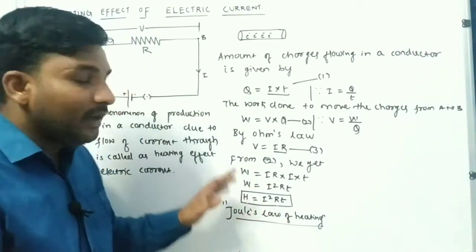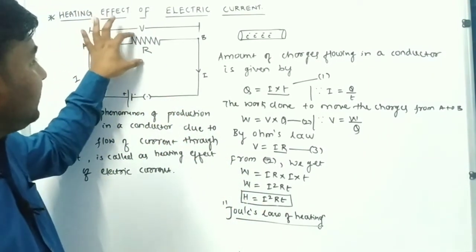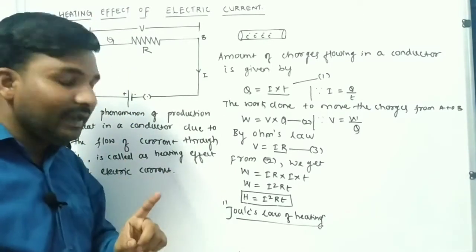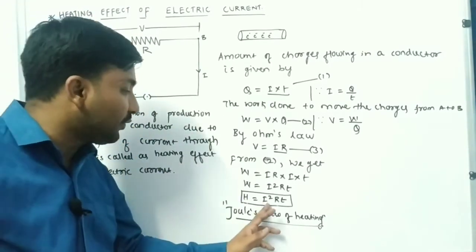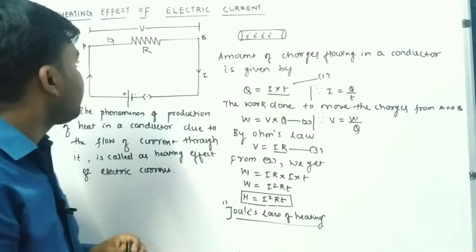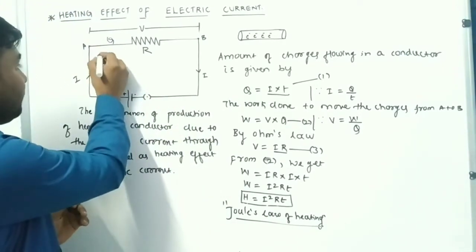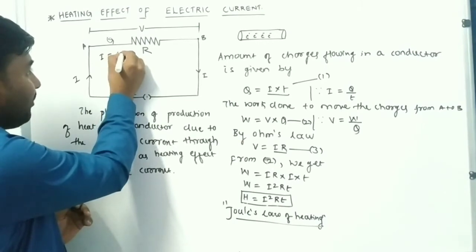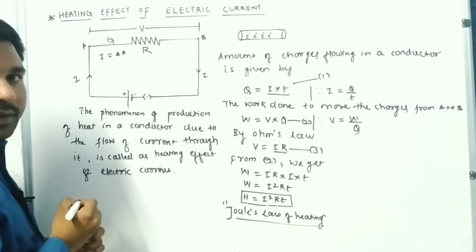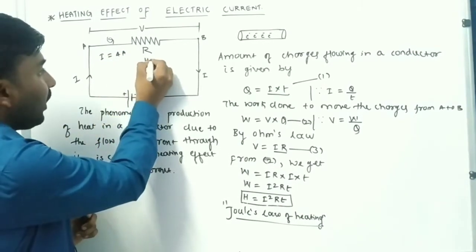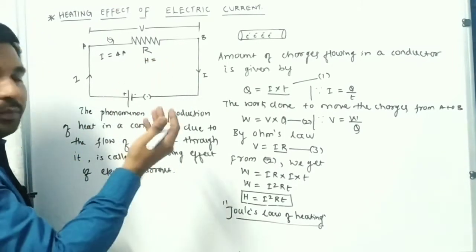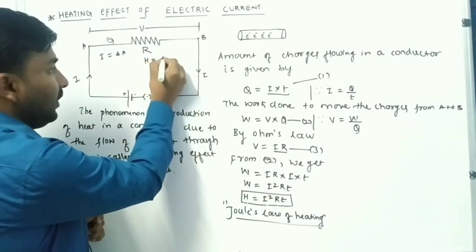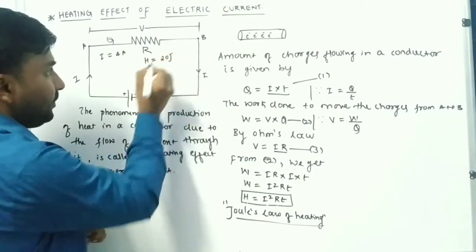The amount of heat produced in a conductor is directly proportional to the square of the current, which means, let's suppose we have passed 4 ampere of current initially. What about the heat produced? Let's say it is 20 joules.